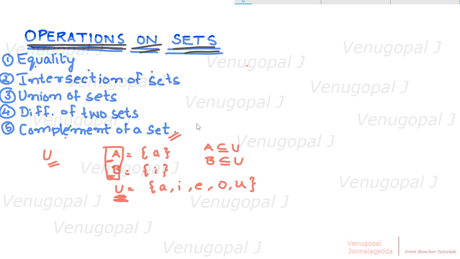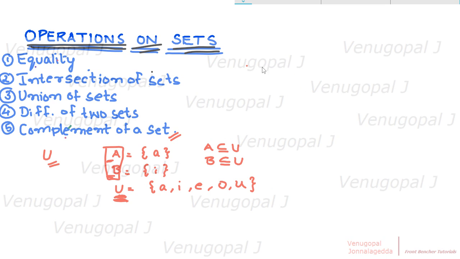So complement of a set is in relation to a universal set. If we take the same example, set A has a singleton element A, and set B has a singleton element I, and we have a set U, which is the vowels A, E, I, O, U of the English alphabets. Now let's find out the complement.